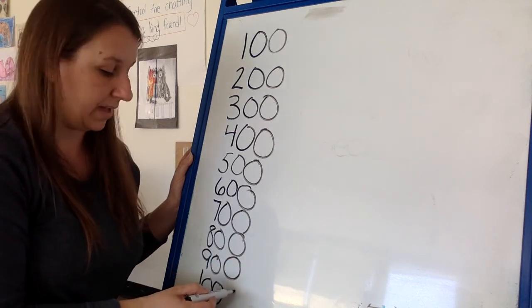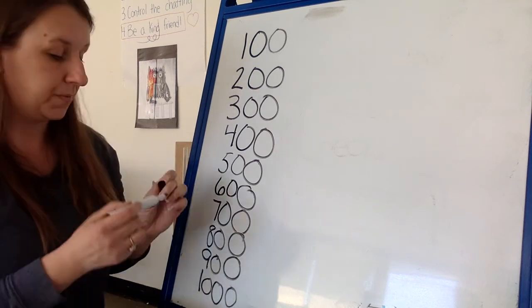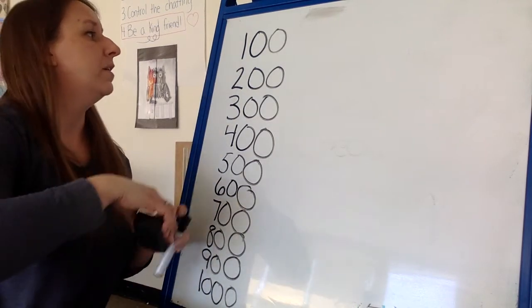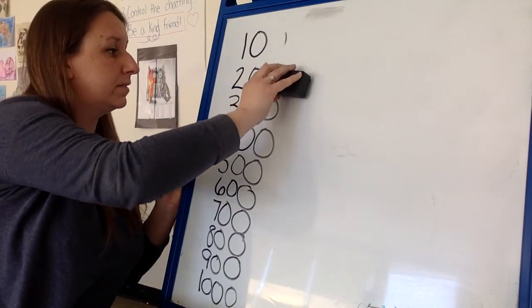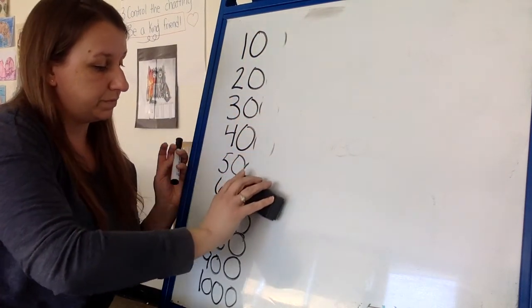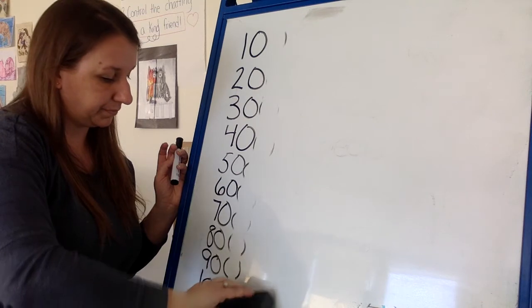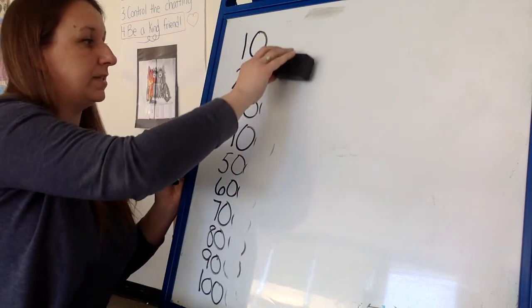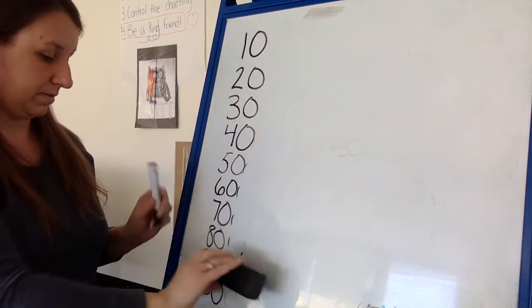The word for that is 1,000. Okay? It's just you're counting to 10 over and over again. Look, let me show you again. Another way that we're just counting to 10 over and over again.